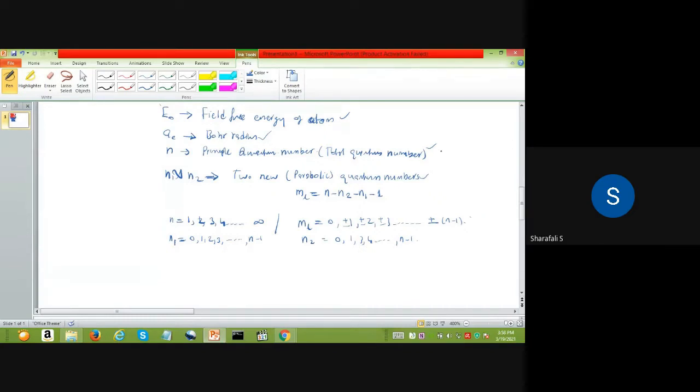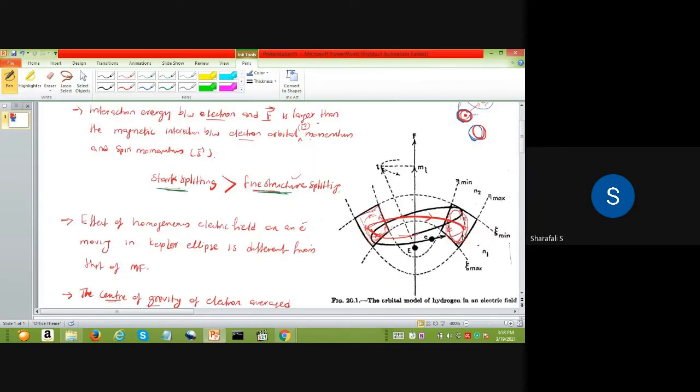So what exactly is this n1? The n1 will limit the electron's motion to the region between two paraboloids of revolution, which are eta max and eta minimum. Here you can see we have eta max, and this is eta min.